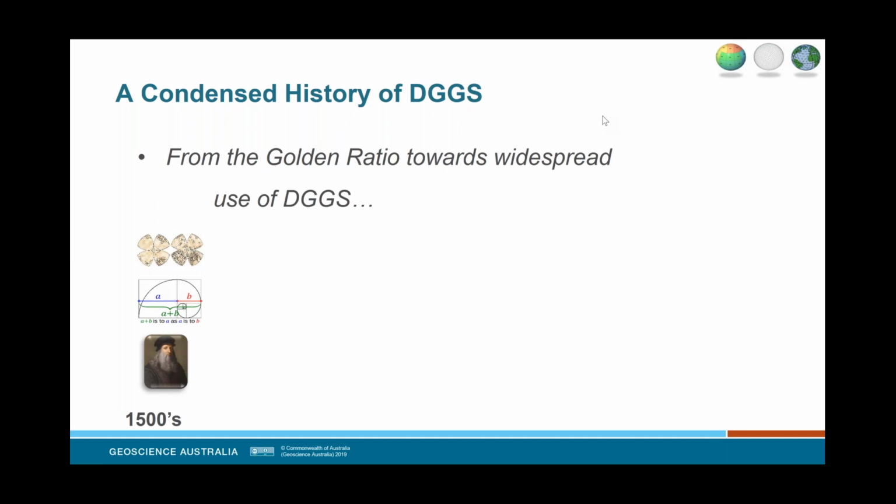The irony of it is that he did all this in the spherical context, but given the materials at the time, well, how do you create a map? It's easier to roll up a flat sheet of paper than have a ball in your pocket.